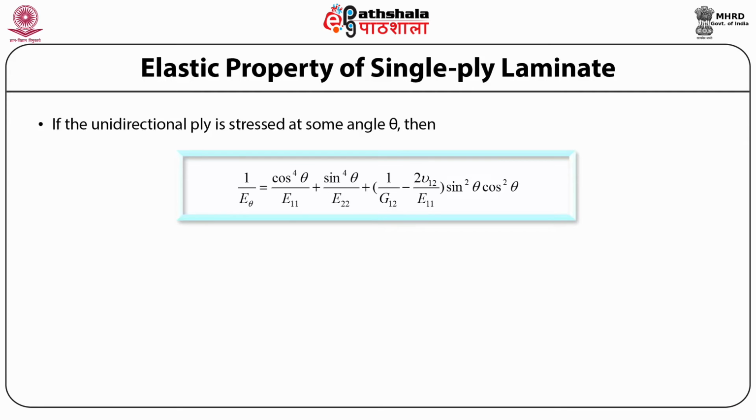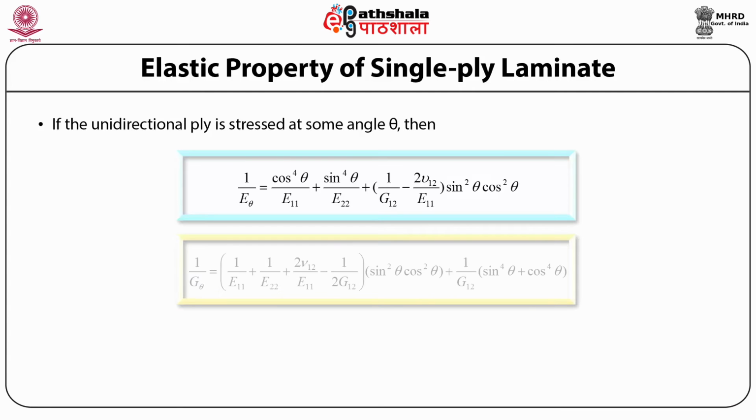The second equation for G theta is 1 by G theta is equal to bracket 1 by E11 plus 1 by E22 plus 2 nu12 divided by E11 minus 1 by 2 G12 bracket close, this whole multiplied by sine square theta cos square theta, plus 1 by G12 multiplied by bracket sine theta to the power of 4 plus cos theta to the power of 4 bracket close.